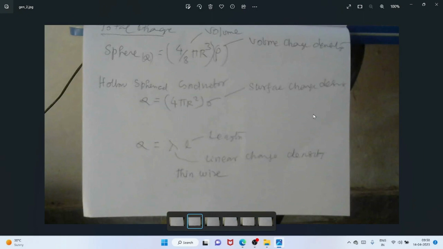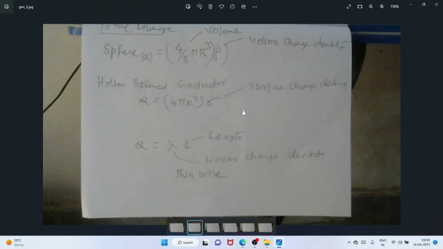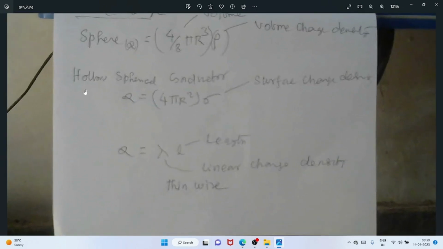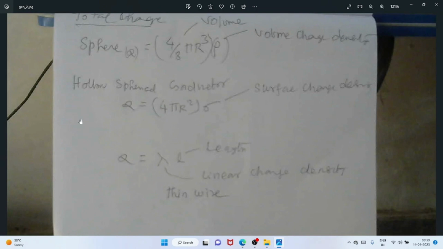The other important thing is how to find the total charge, if they give the charge distribution. In a sphere with volume charge density, you have to find the volume charge density into the volume of the sphere, 4 by 3 pi r cube, that is rho.